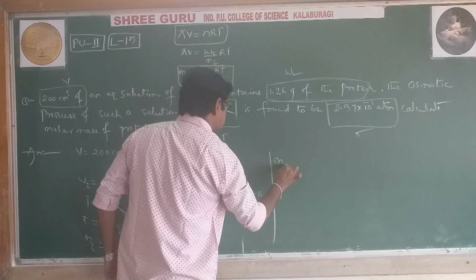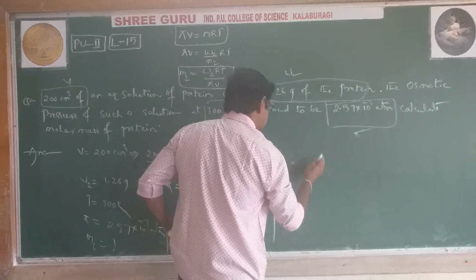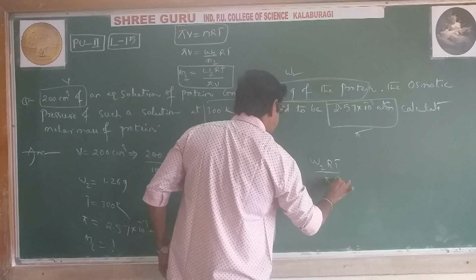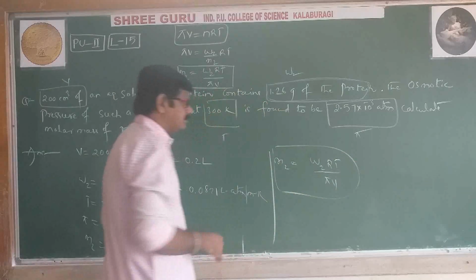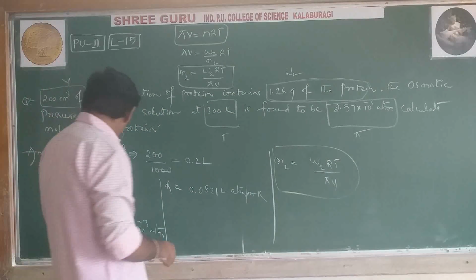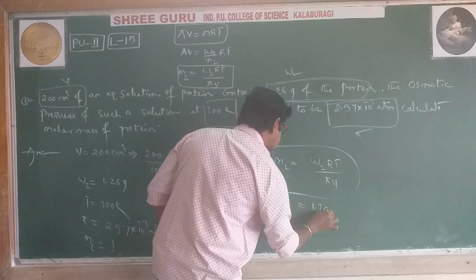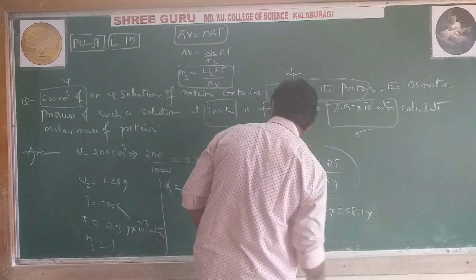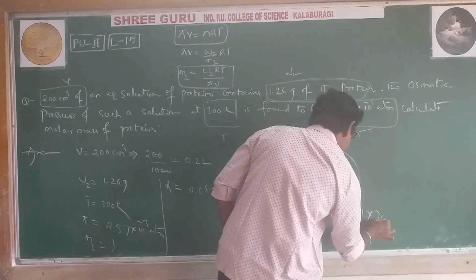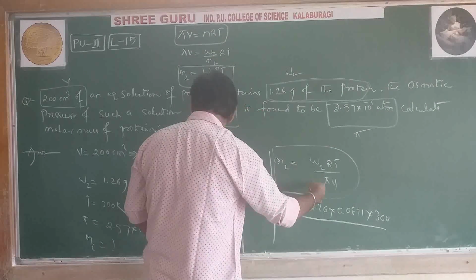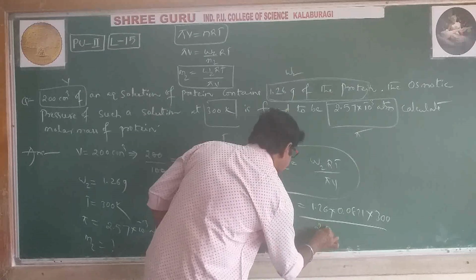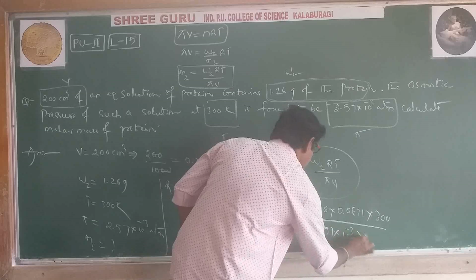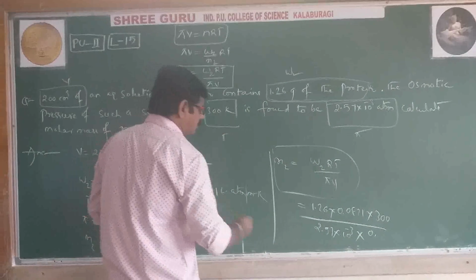M2, the molar mass of solute, equals W2 RT divided by pi V. Substituting W2 as 1.26 into 0.0821 into temperature 300 kelvins, divided by pi, the osmotic pressure 2.57 into 10 to the power of minus 3, into volume 0.2.